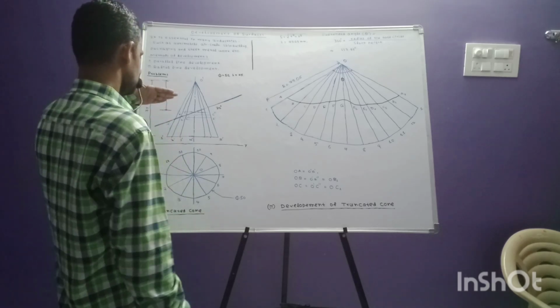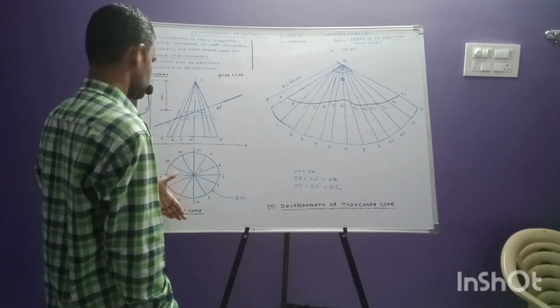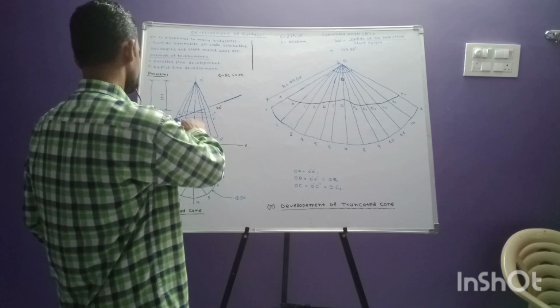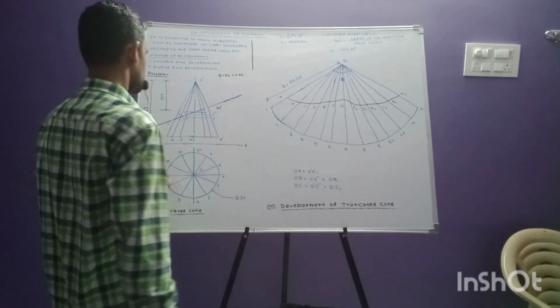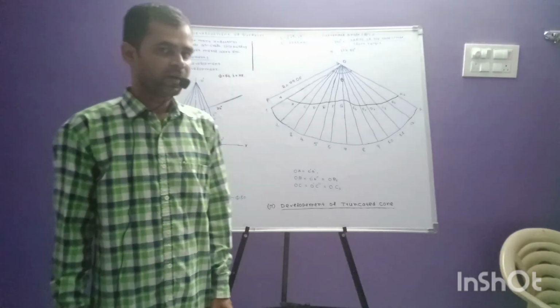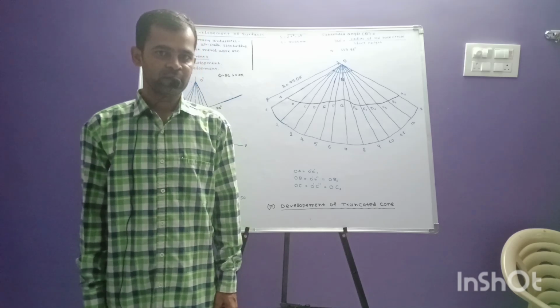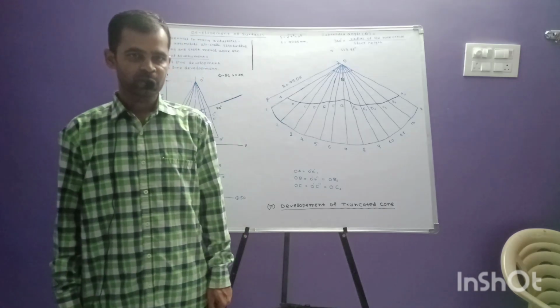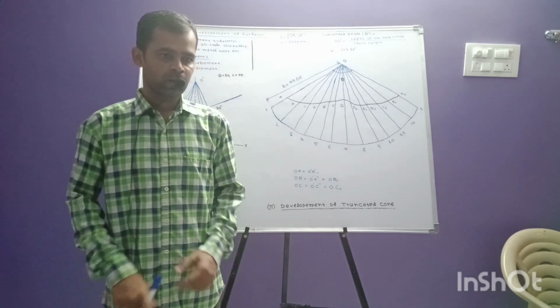Since this is a truncated cone, we have taken a section plane, and it is passing through the middle of the solid.